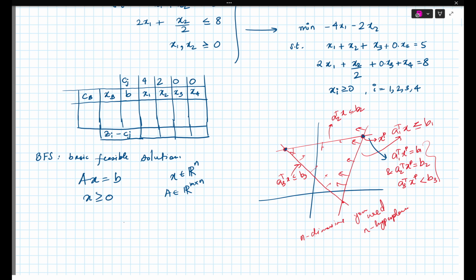Okay, so if xp is a corner point, then at that point n constraints should be active. In whatever we are considering, we basically take m less than equal to n, because if m is greater than n, then there can be some redundant constraints and you can basically remove them and again get back m less than equal to n.